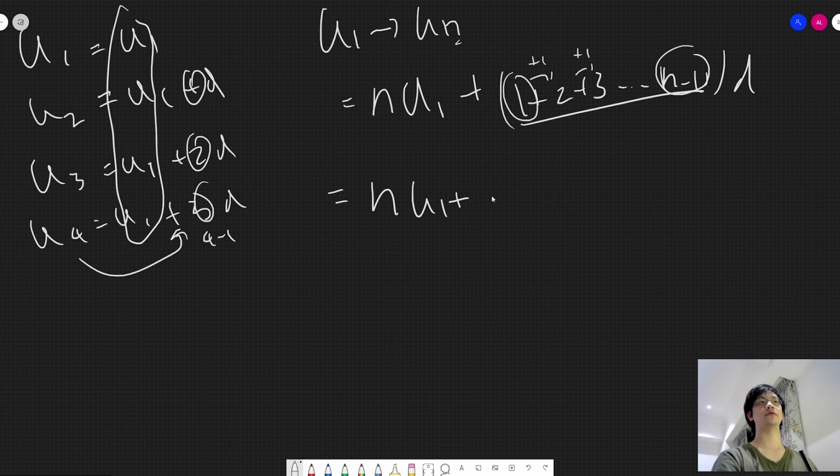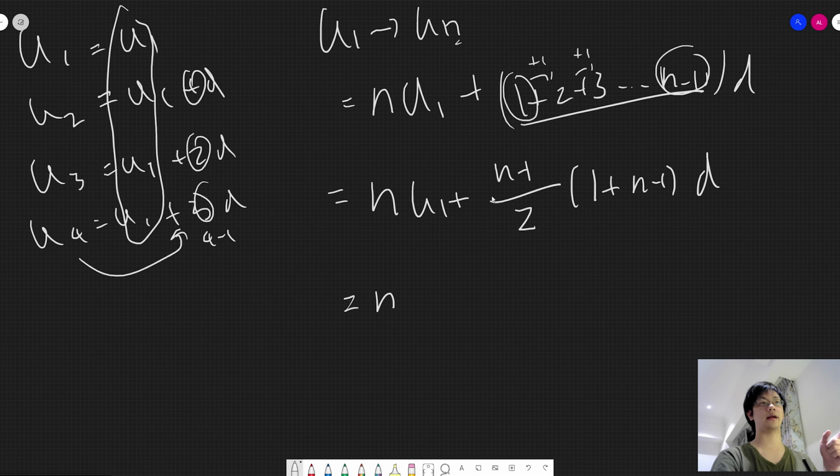So if we use the formula we have above, you get 2 over the number of terms, which is n minus 1 here, because if you have 1 plus 2 plus 3, you have 3 terms. 1 plus 2 plus 3 plus 4, you have 4 terms. So if you have 1 plus 2 plus 3 plus 4, blah, blah, blah, plus n minus 1, you have n minus 1 terms. And that times your first term, 1, plus your last term, n minus 1, times d, will give you n u1 plus half n minus 1 times n d.